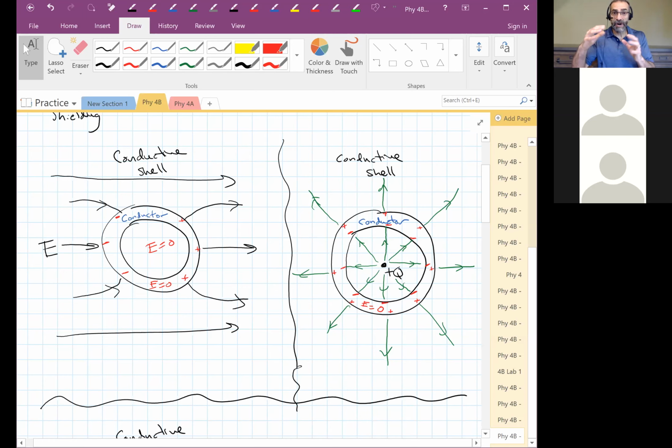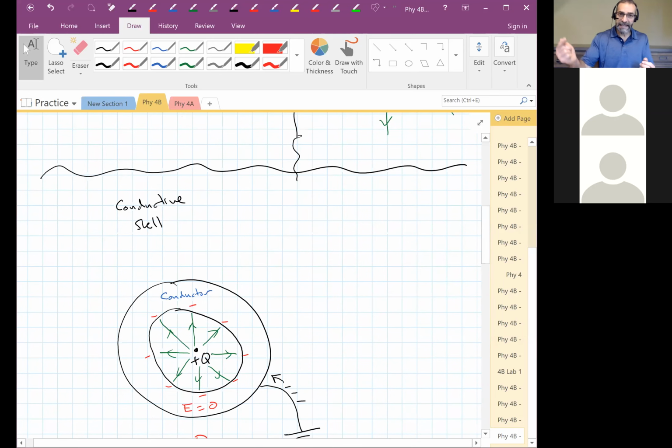Those positive charges want to get as far away from each other as they can, repelling each other. The only force they feel is from the other positive charges. Once the electrons move into the innermost surface, they are shielding those outer positive charges from anything inside the shell, right? The electric field is zero inside the shell. So those positive charges end up on the outermost surface of that conductive shell.